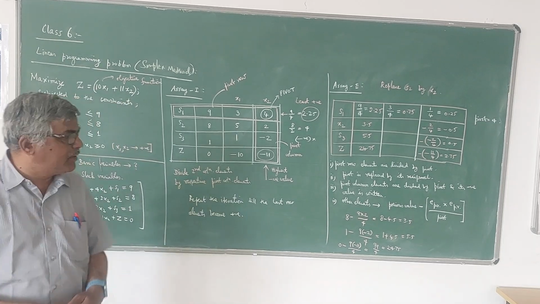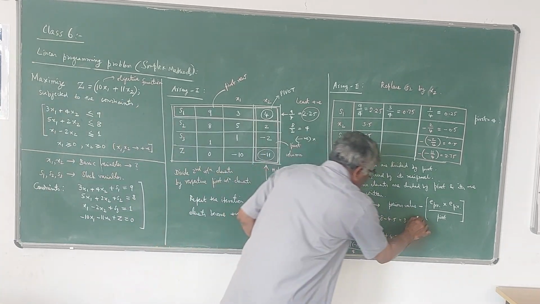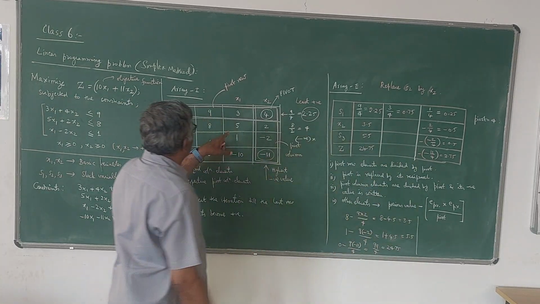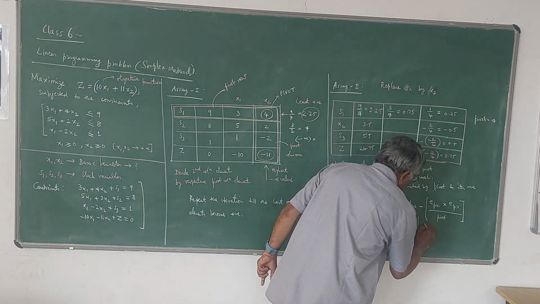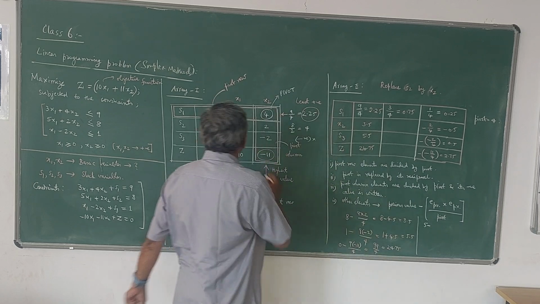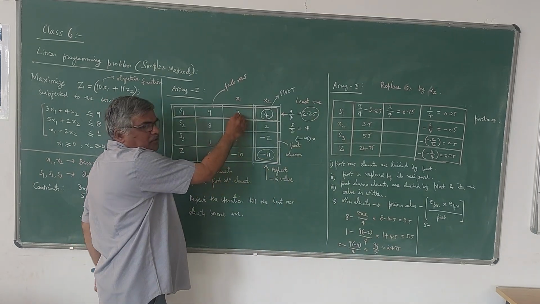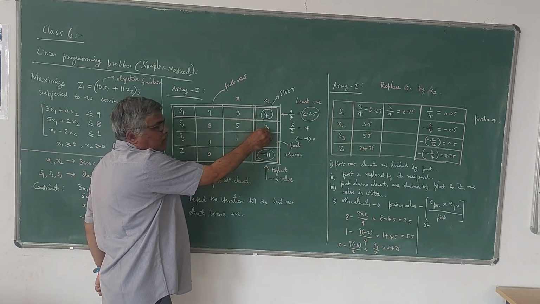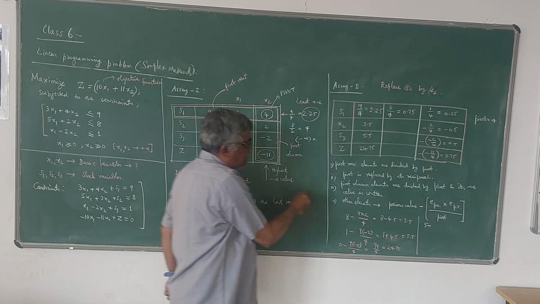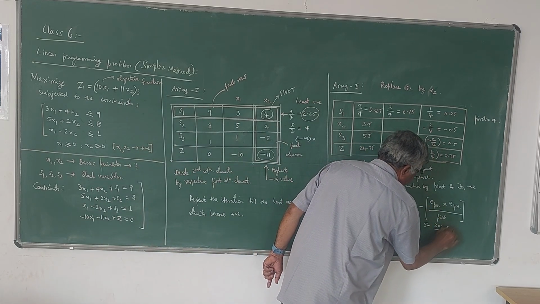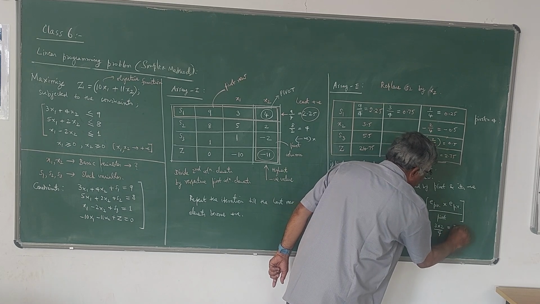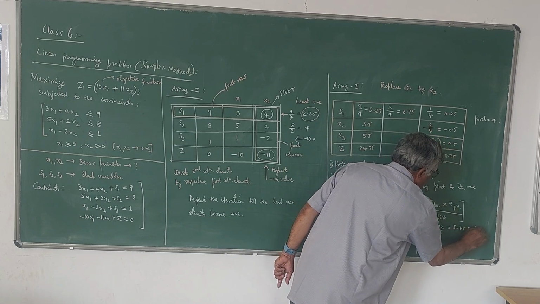Okay. Next, coming to the second row. Here, 5 is there. 5 minus, what is the corresponding pivot row element? 3. Pivot column element is 2. So 3 into 2, this into this, 3 into 2 divided by 4. So it is 5 minus 6 by 4, which is 1.5, so 3.5.